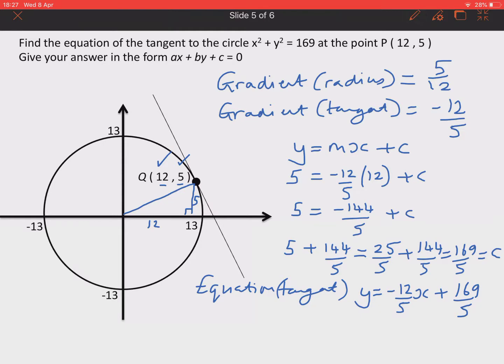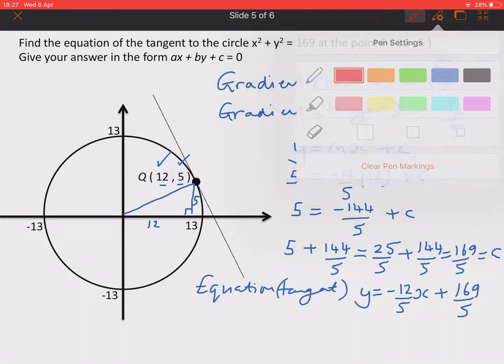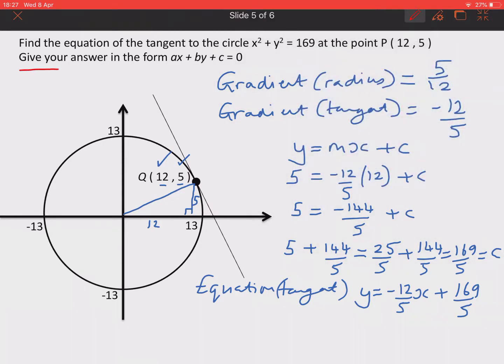Now, did you read the full question? Because it wanted the answer in the form ax plus by plus c is 0. So I'm going to have to get everything on one side with 0 on the other. So I'm going to have to add 12/5 x and take 169/5 to make the right hand side 0.